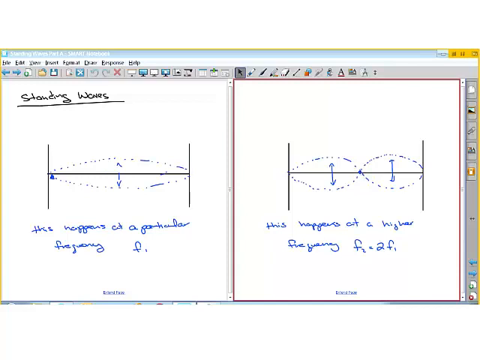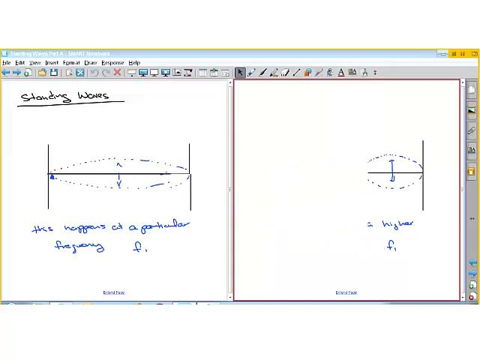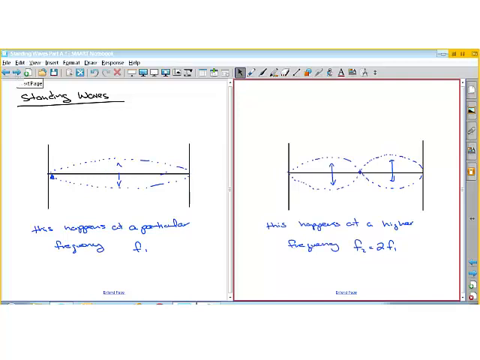The frequency of the energy that's being put in would be twice the frequency that you would need at the fundamental frequency. So the second harmonic is twice the fundamental frequency. That is the idea of a standing wave on a string.